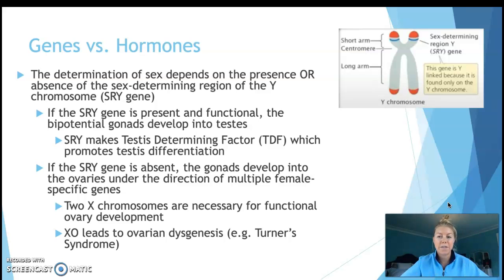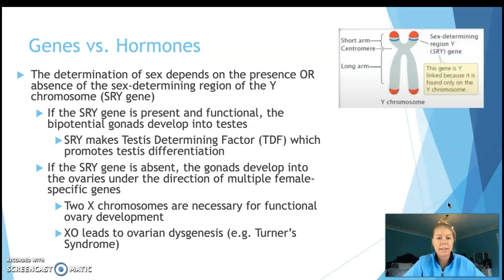So, genes versus hormones. The determination of sex depends on the presence or the absence of the sex-determining region of the Y chromosome, particularly the SRY gene. If the SRY gene is present and functional, the bipotential gonads develop into testes.